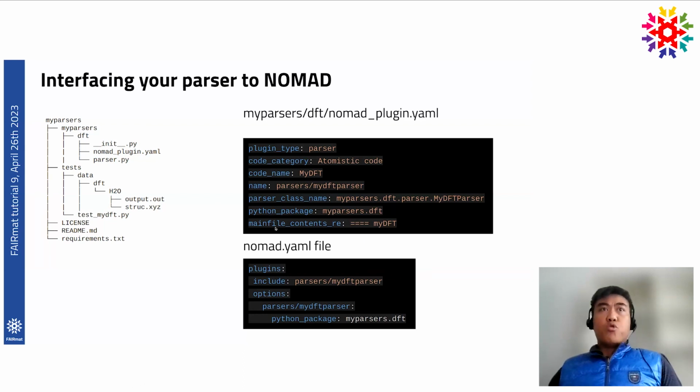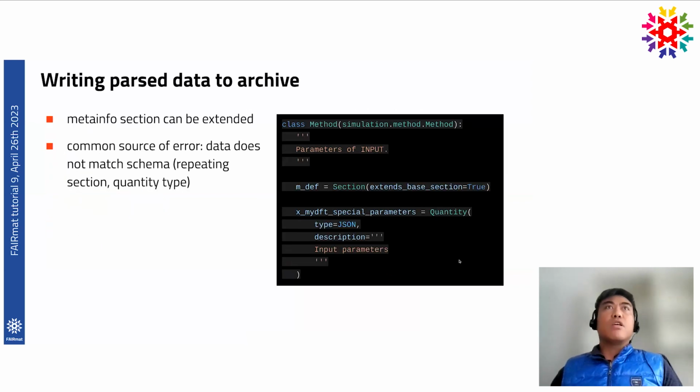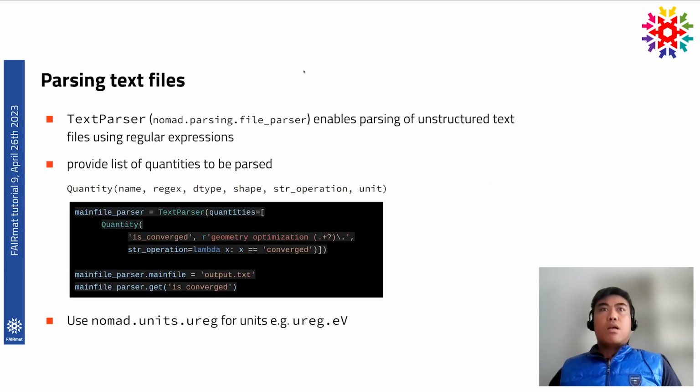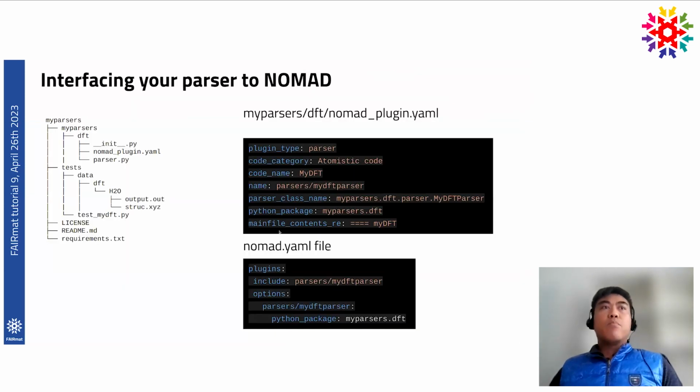Now, we also have to specify this main file contents ref, which is a string that matches our main file or our output. So we have this myDFT here, which essentially matches this one. You can provide some more stuff here, but I will not talk about them anymore.